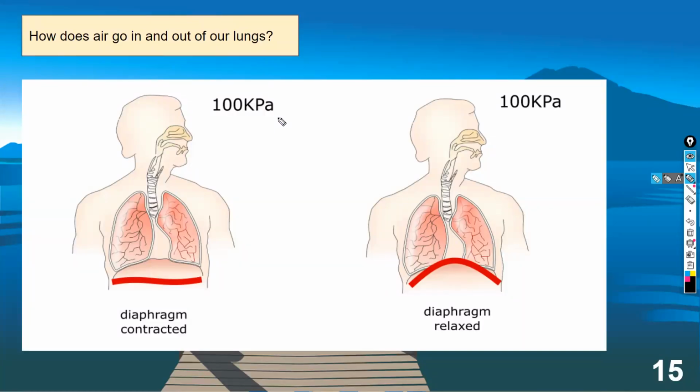Now, in case you didn't know, pressure is measured in something called pascals. The symbol for pascals is Pa. Just like how you can measure mass in kilograms or grams, or you can measure time in seconds and hours, if you are measuring the pressure of something, the unit for it is pascals.